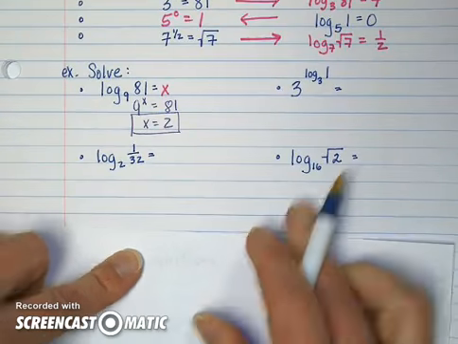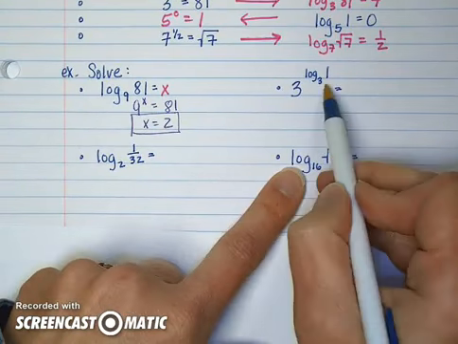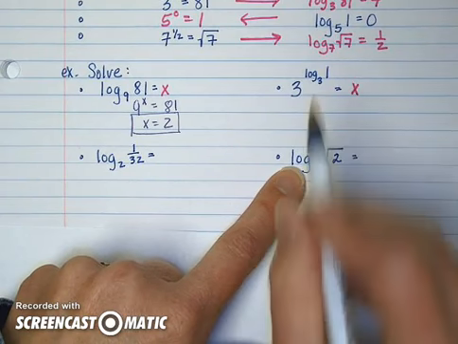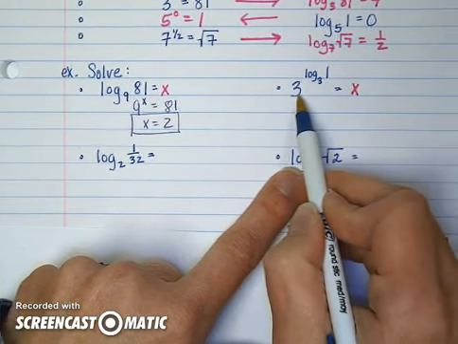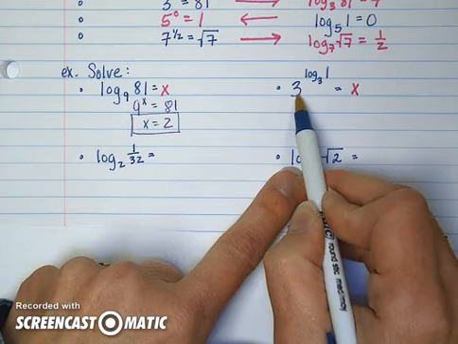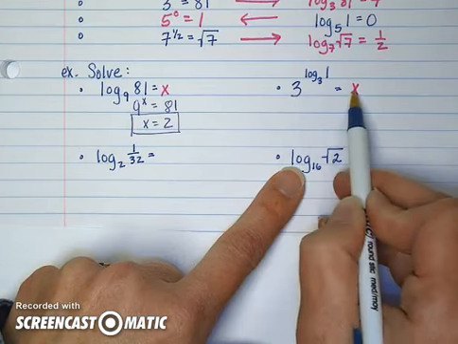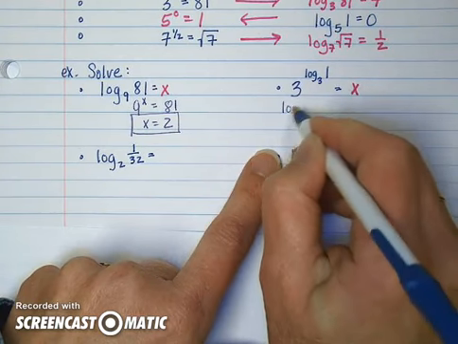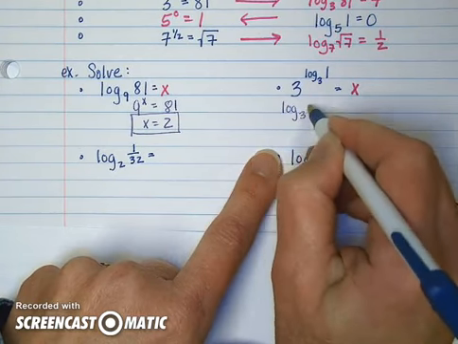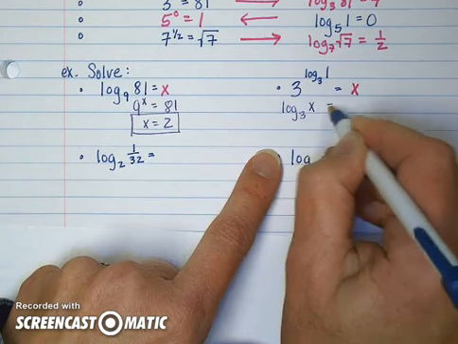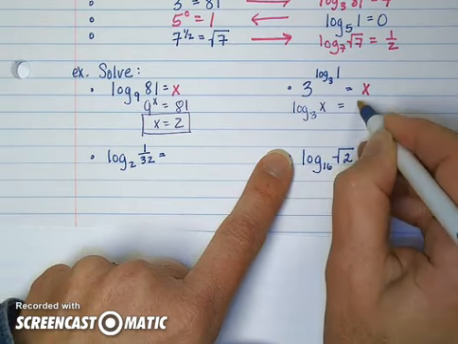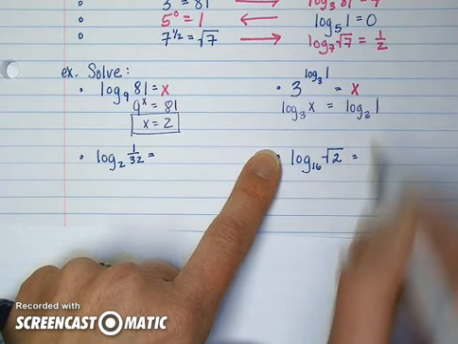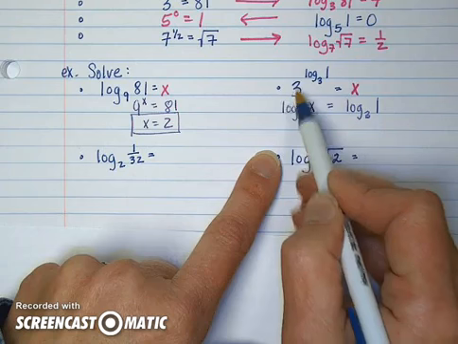You didn't have to waste time putting that in the calculator at all. Let's try this one. I'm going to let that equal x. The base is 3, so I'm going to have log base 3 of x equals that exponent, log base 3 of 1.